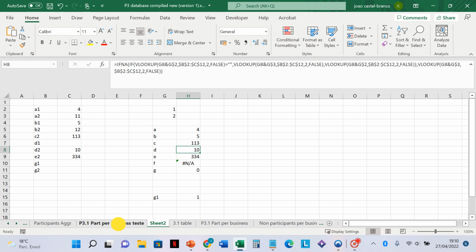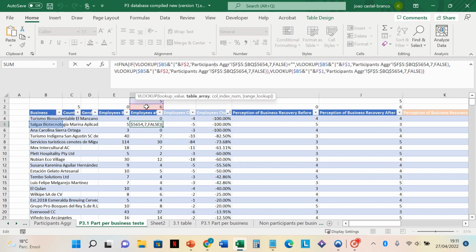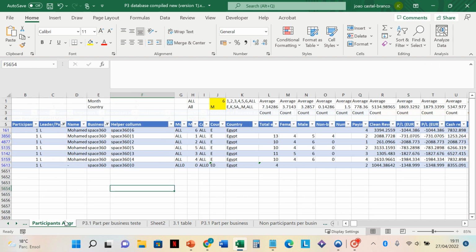I did translate this formula to here, and I did it a couple of times. So this is the employee author. The same thing with the 5 and the 6, to go to this table to get the 5 and the 6. So it should give me the 10 because it goes to the 6, it doesn't find anything, so it's blank.